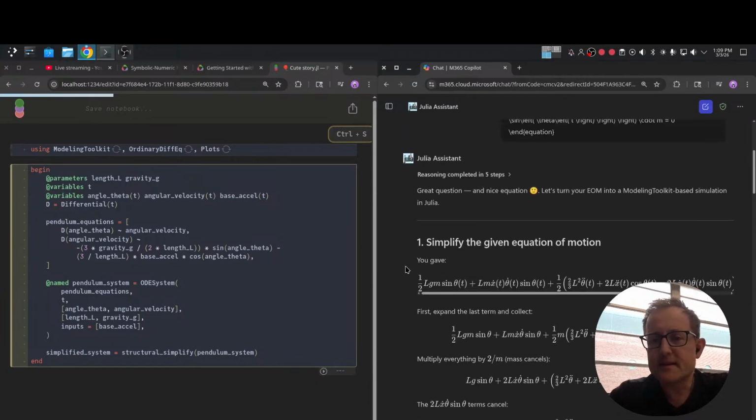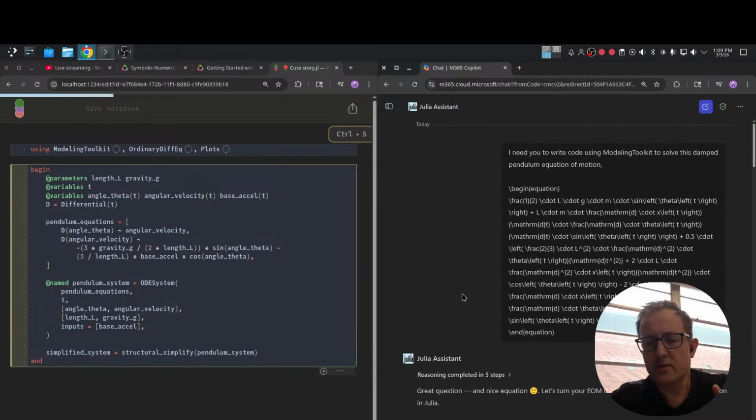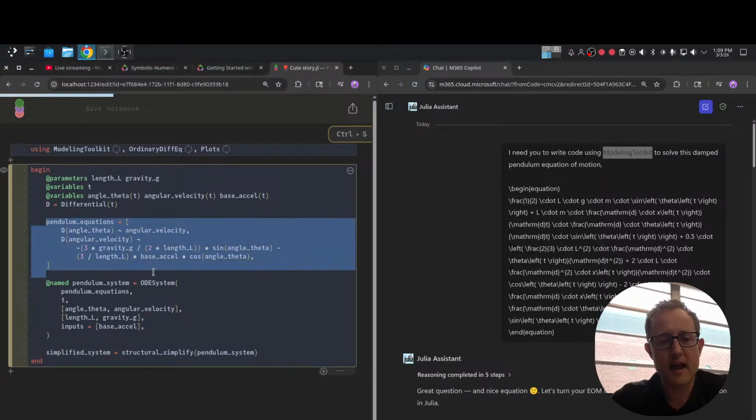And what I did here is I'm telling Julia that I want to use ModelingToolkit in particular. I've been playing around with this toolkit. It's really cool. The neat part is that we can define variables and parameters and use actual equations of motion this way.